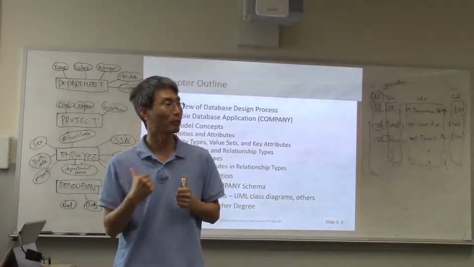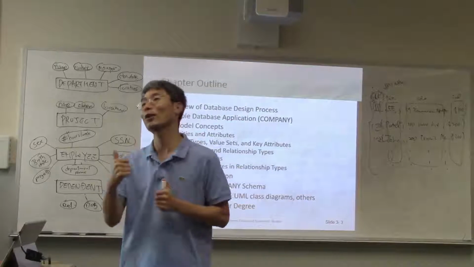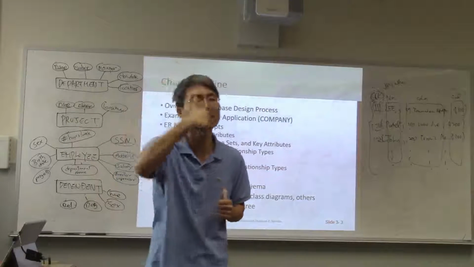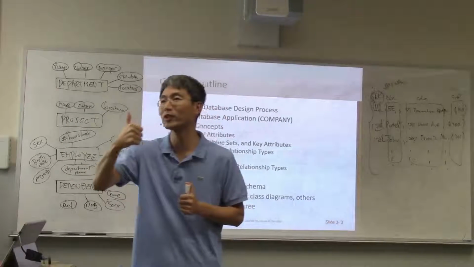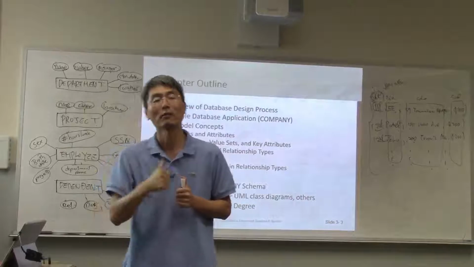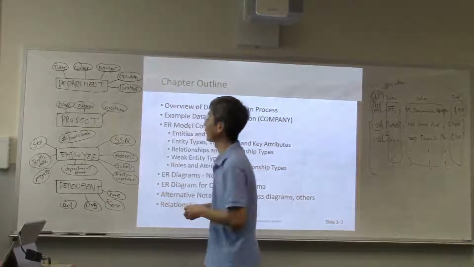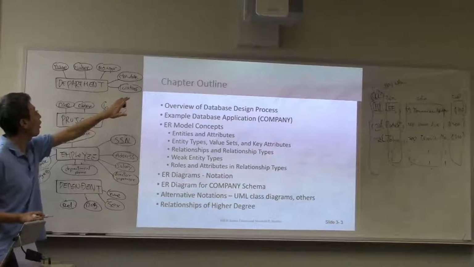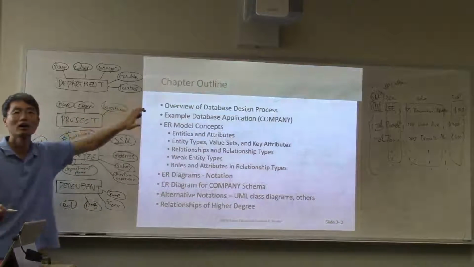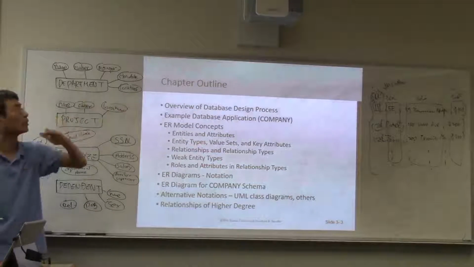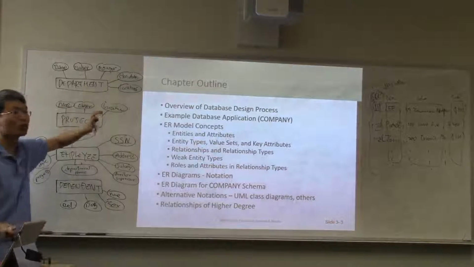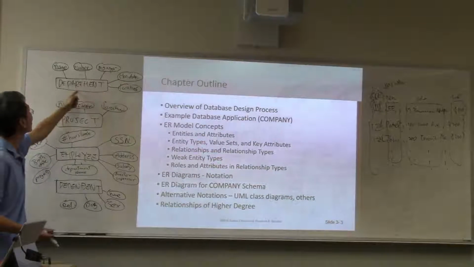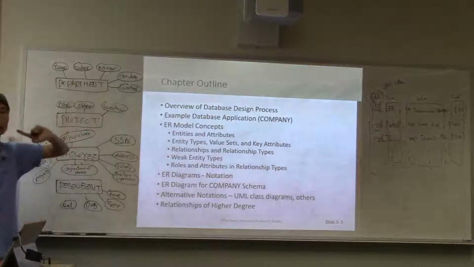You have heard about the word primary key, right? That's the reason it's called primary key. There are many key attributes, but we will select one of them as the primary key. Then also, you will see some of the attributes are multiple valued. What about the manager? It's one manager per department. How many department numbers?